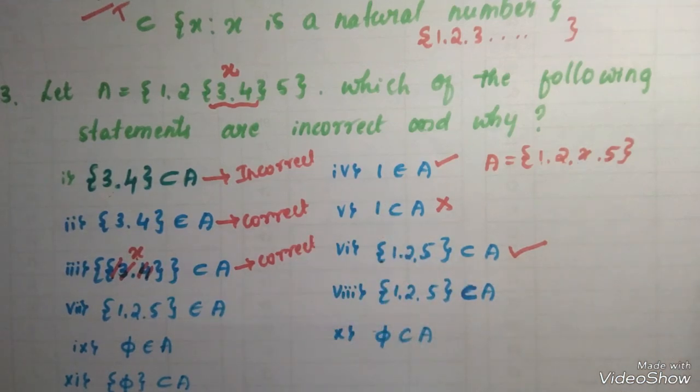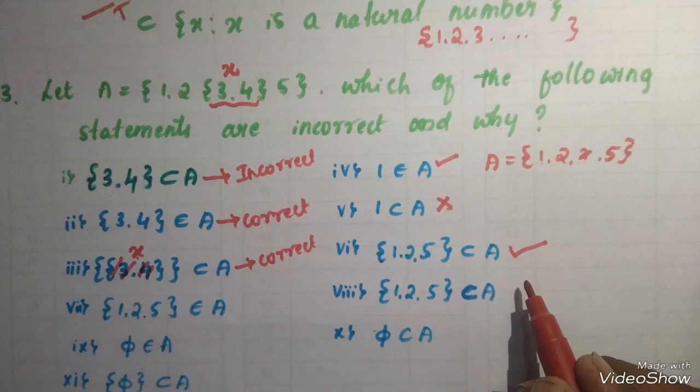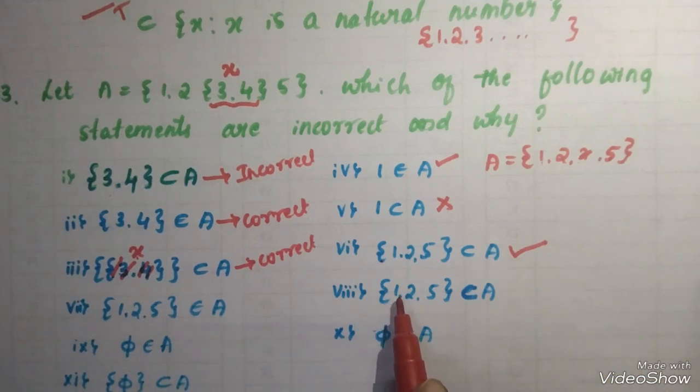Now it is clear. Here {1, 2, 5} is a subset of A.